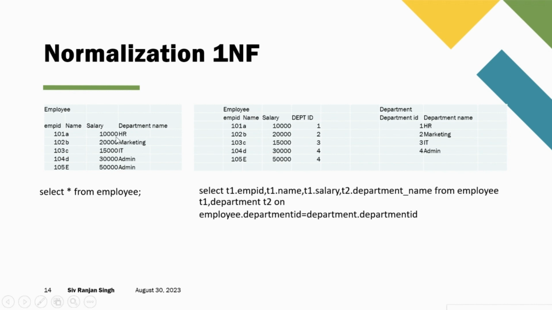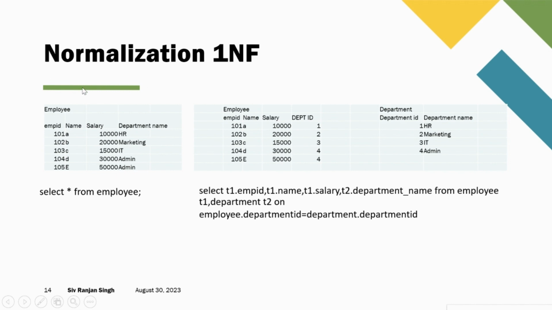Here the names A, B, C, D, E are all unique. In department name you can see HR, marketing, IT, admin, and admin. So here is repetition, as admin came two times.